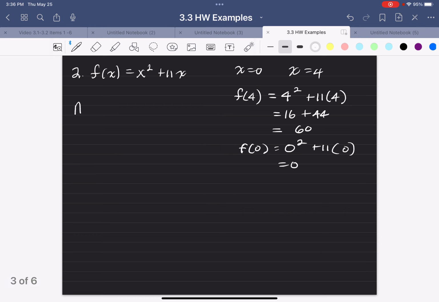So my average rate of change is going to be 60 minus 0 over 4 minus 0. 60 divided by 4 is 15.